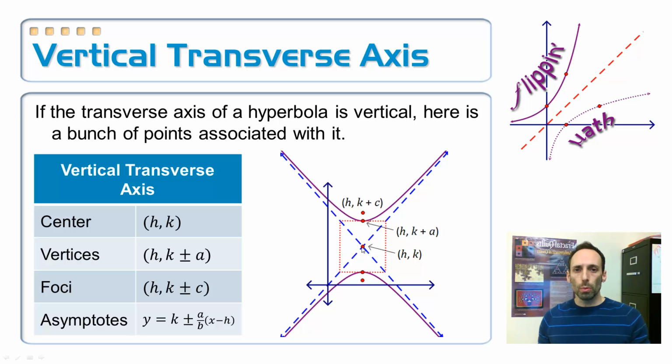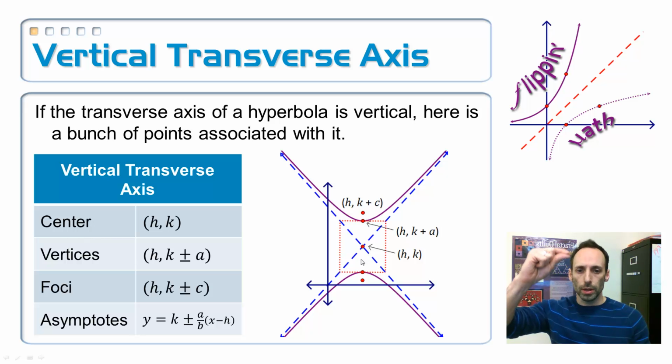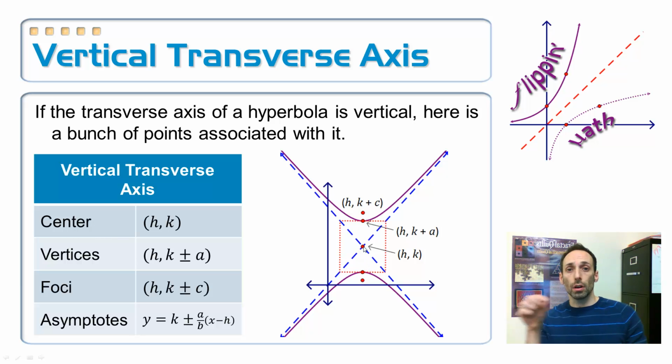For my focal points, same thing: add the c to go up, subtract the c to go down. If I wanted to get my conjugate axis, this time it's going to go left-right. It's going to affect the h coordinate. So I'm going to go right-left. That's h plus b and h minus b.